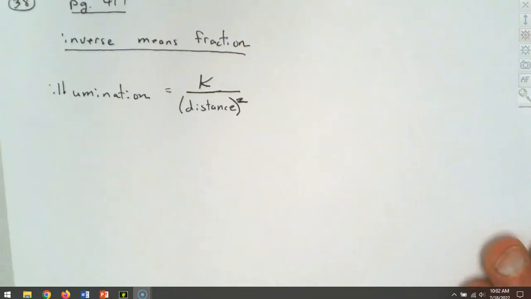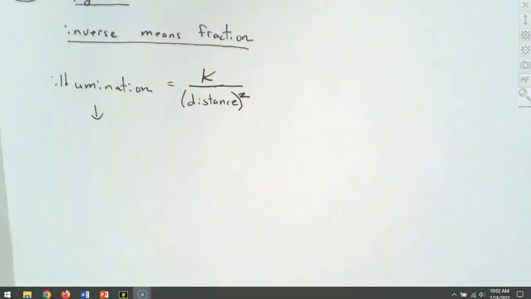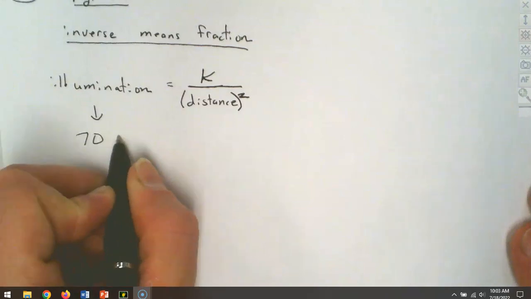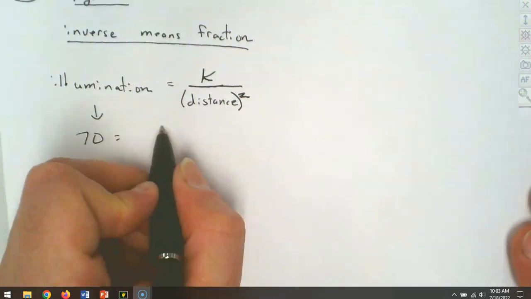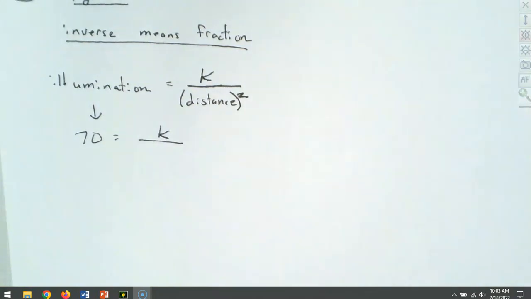Now, we fill in what we know. And what do we know here to get our constant k? It says inverse is the square of the distance. The illumination of a source at 5 meters is 70 candelas. So 70 is going to be our illumination. That's in candelas. K is again unknown. And what's our source distance?